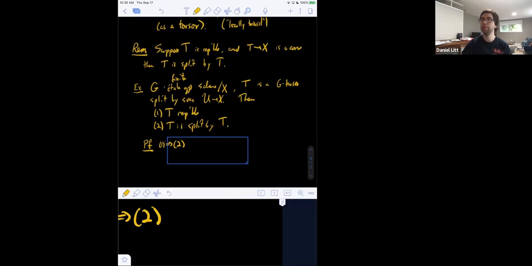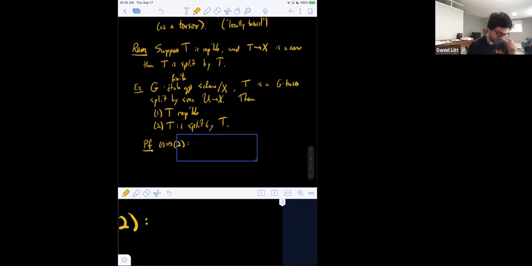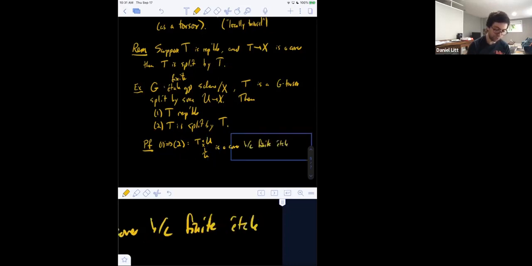Why is T a cover? Because after you base change to U, it's finite Etale. Exactly right. When you base change to U, T times U over X to U is a cover because it's finite Etale. It's just isomorphic to G times U. That's what it means to be trivial.